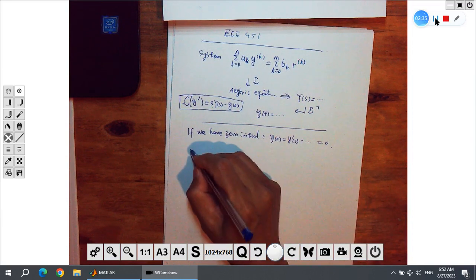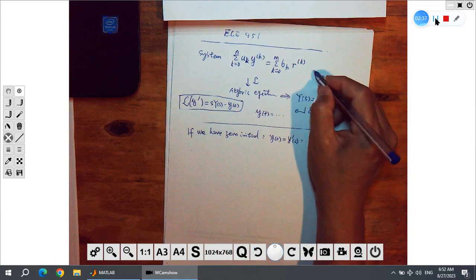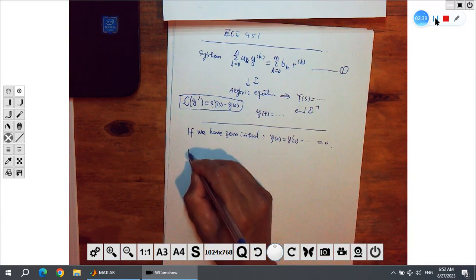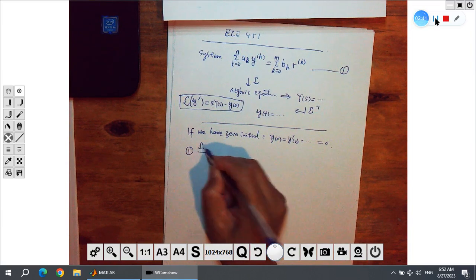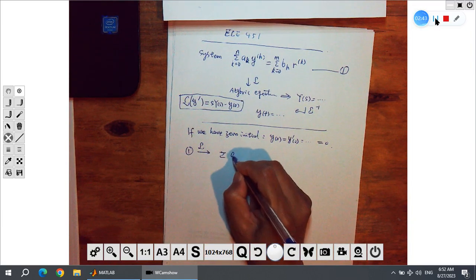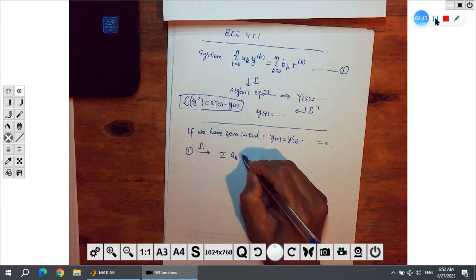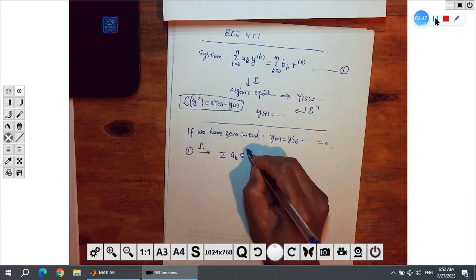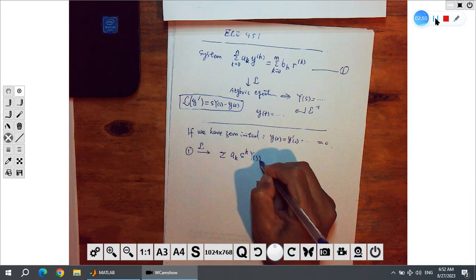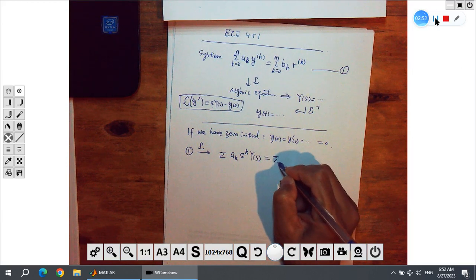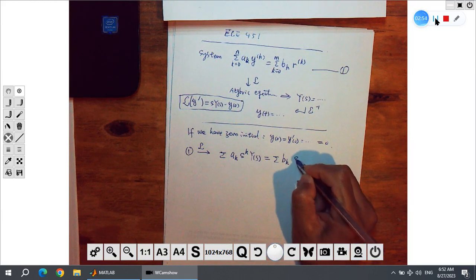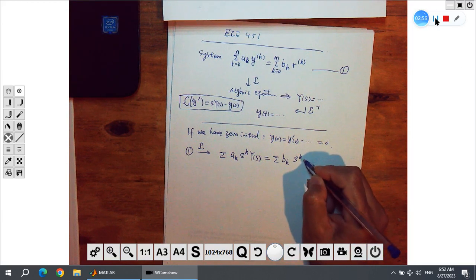See, this is equation 1. By the Laplace transform, we will have summation of a_k s to the k times Y of s, equal to summation of b_k s to the k times R of s.